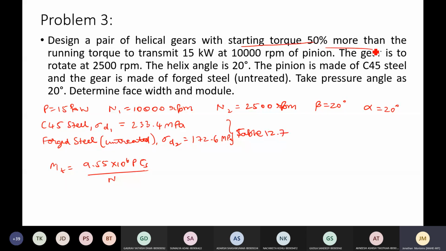Starting torque is 50% more than running torque. If the running torque was equal to the starting torque, then this much would have been sufficient without the factor of CS. CS can depend on two factors. One is whether it is a type of operation that is required.